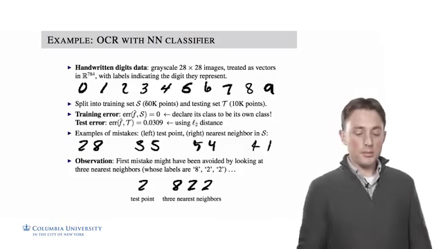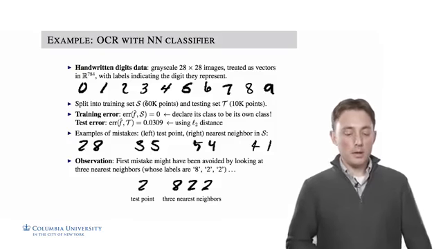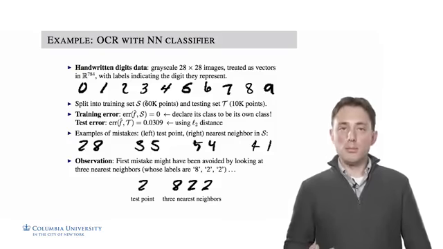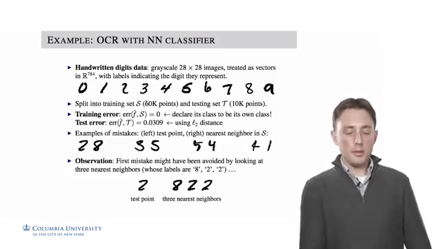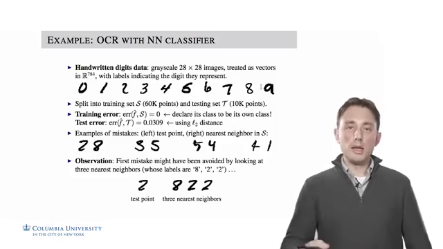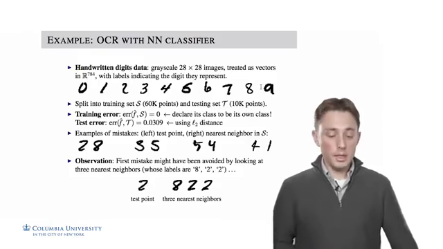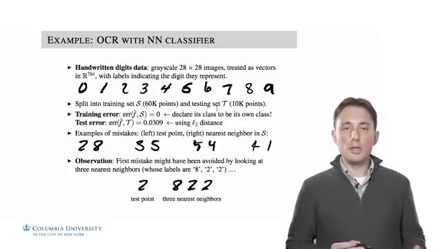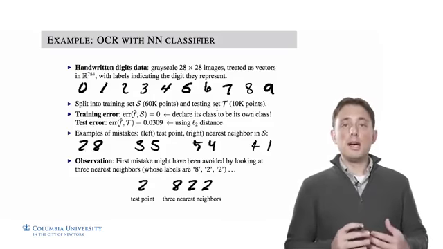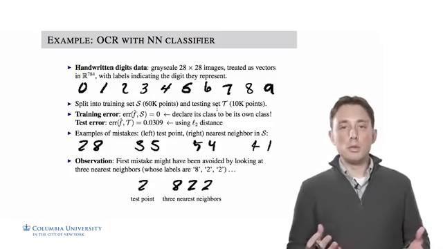So for example, in this problem, we have 60,000 labeled data points, meaning we have 60,000 different instances of a particular digit and the corresponding label of which digit it is. And we'll also have a testing set of 10,000 handwritten digits. And these are 10,000 new images that we don't know the label for.